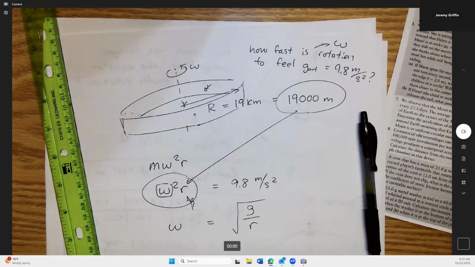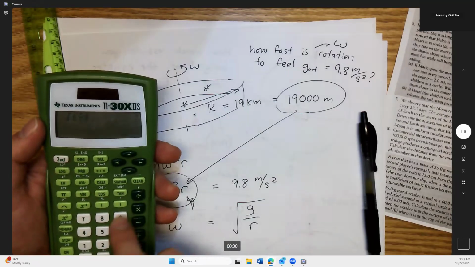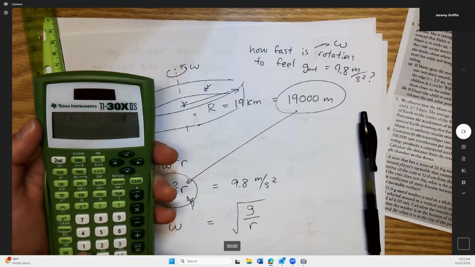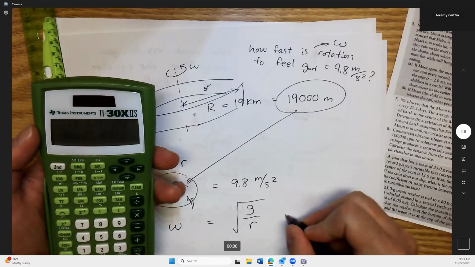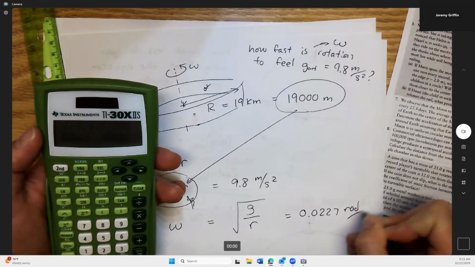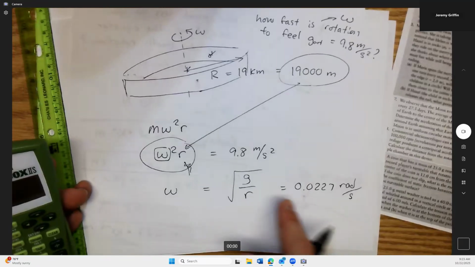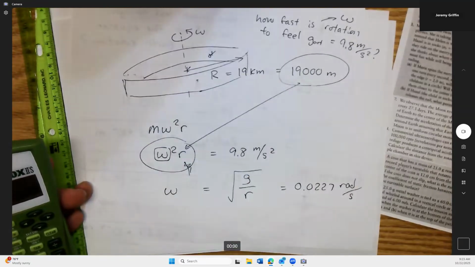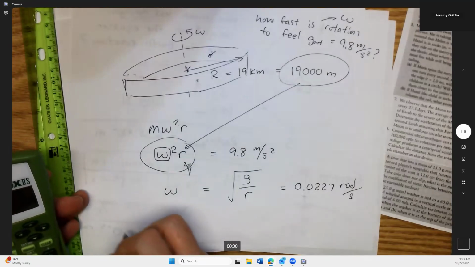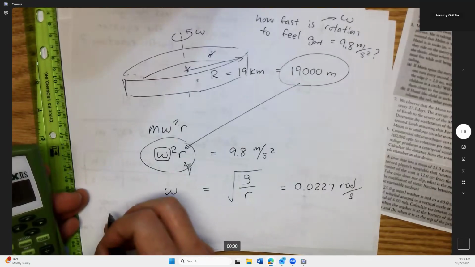Square root of 9.8 over 19,000. Did you guys get 0.0227 radians per second? Okay. I wonder how much time it would take for this whole thing to go around once, to make one revolution. Let's do a railroad track set for this.